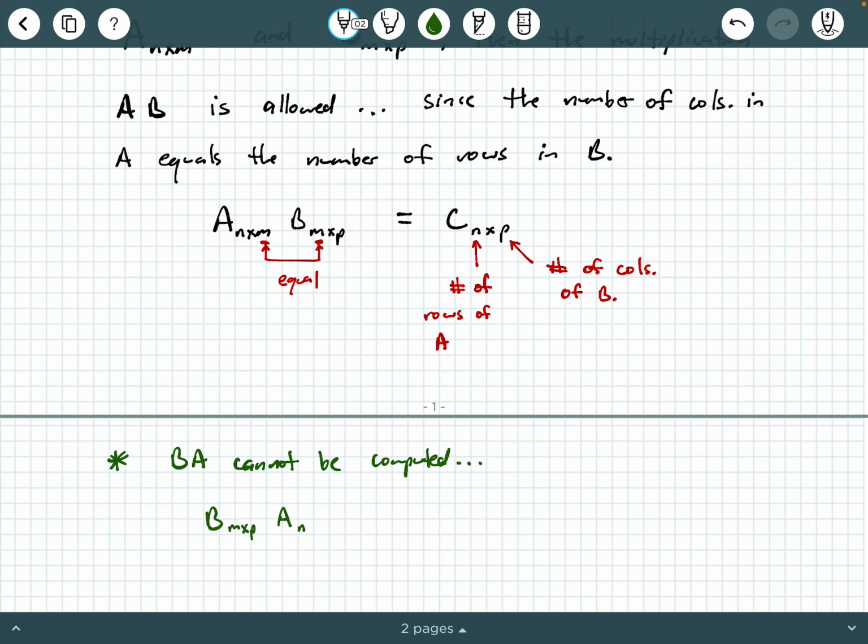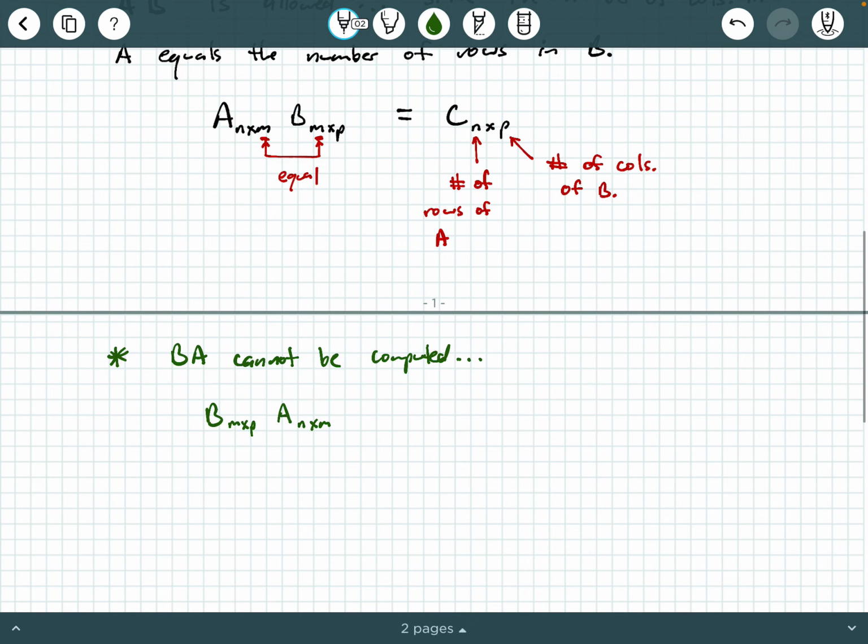A is a size N by M. And again, remember our basic rule: the number of columns in the left matrix when you're multiplying two matrices together must equal the number of rows in the right matrix. So since these two values are not equal to each other, then the product B times A does not exist. Okay, so we'll say BA does not exist, or you could say cannot be computed.